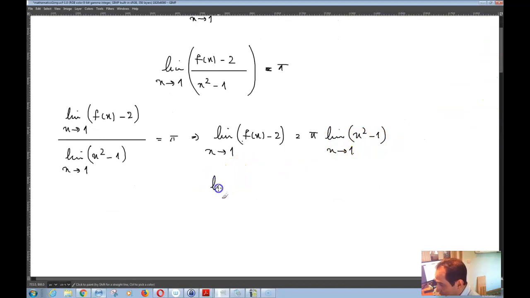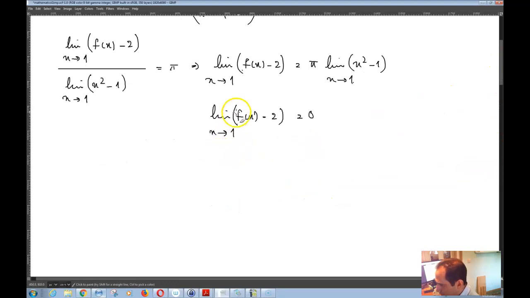So then you can write the limit of f of x minus 2 as x tends to 1 is equal to 0. Which means that I can write this as the limit of f of x as x tends to 1 minus the limit of 2 as x tends to 1 is equal to 0.